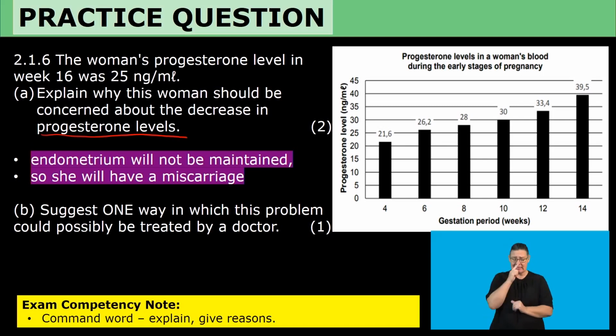You see, if we say we've got week 14, it was 39.5. So if we go further, and then by week 16, we find that there's a drop. Then the progesterone level starts to drop. We start to worry because there's no maintenance of the endometrium. Therefore, we are likely to have a miscarriage.